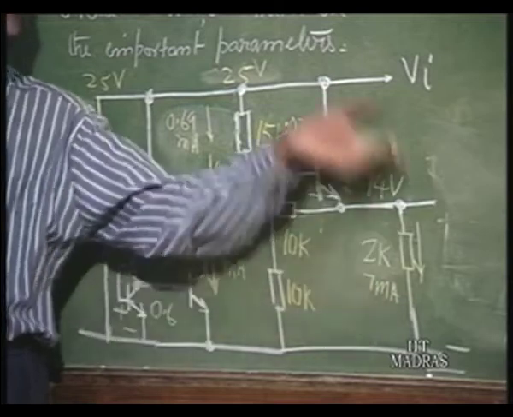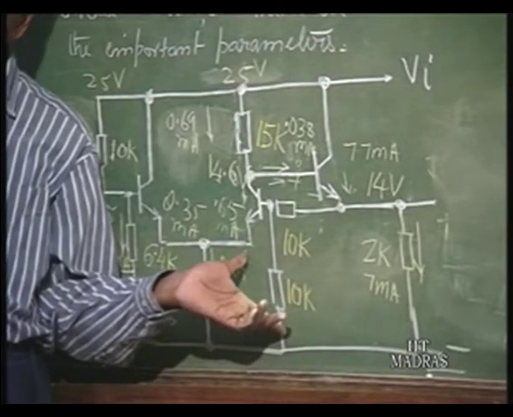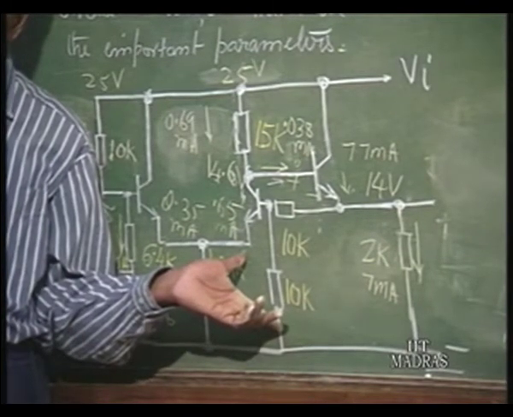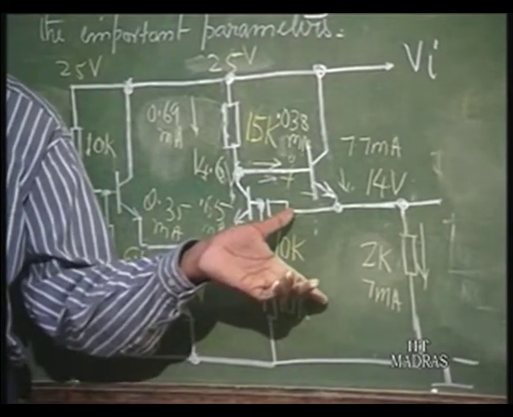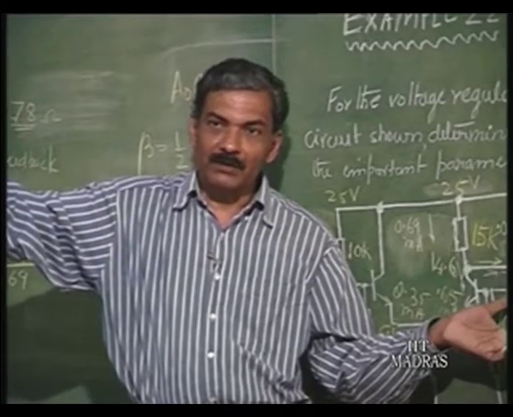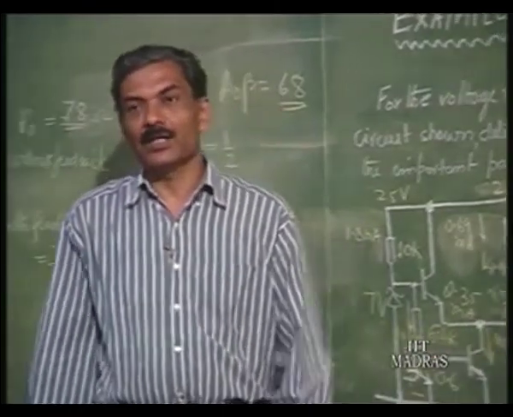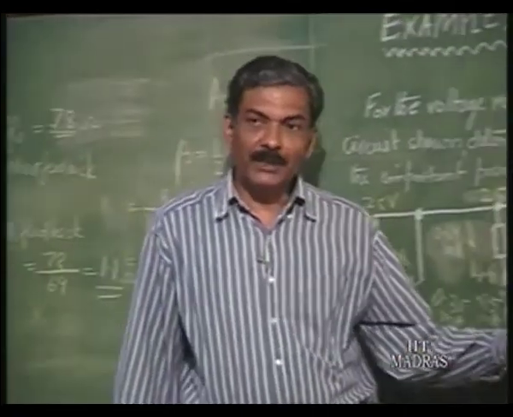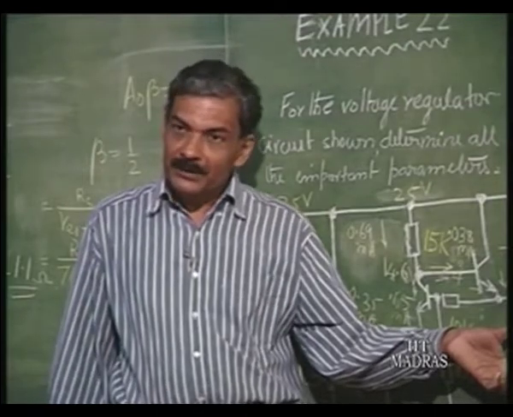This is functioning at low frequency, this is a DC regulator, and therefore, output impedance on the other hand is important only looking at this circuit from the circuit that is using this as a power supply. That circuit may be working as an oscillator at, let us say, 1 megahertz. Then you have to evaluate the output impedance at 1 megahertz for this circuit. That may not be purely resistive.